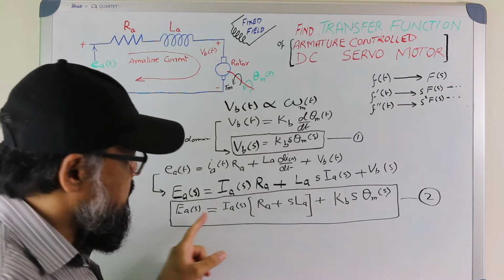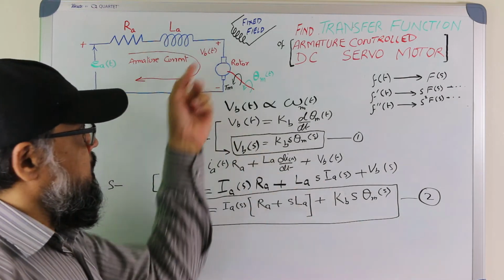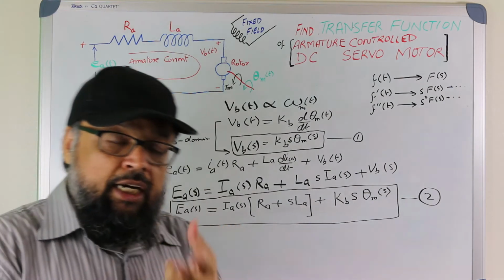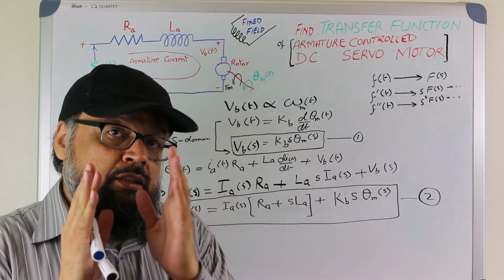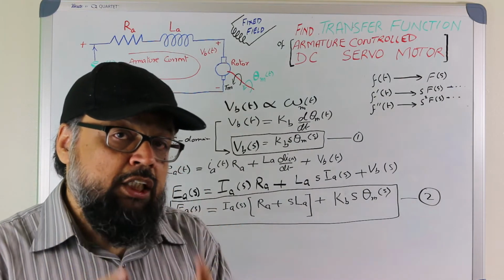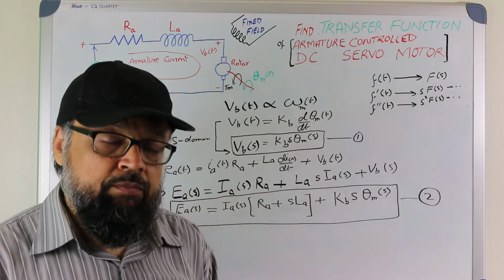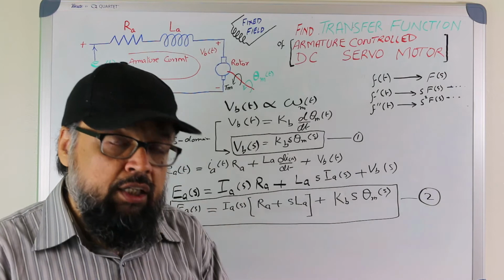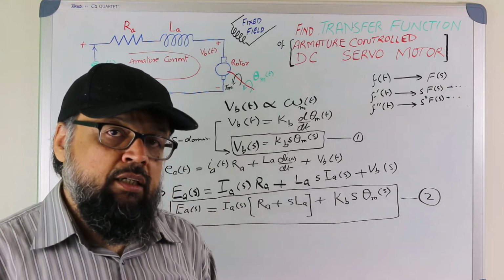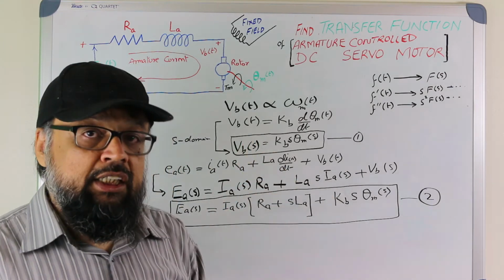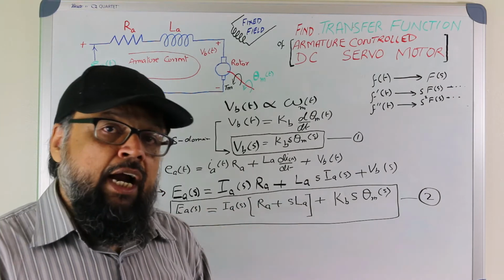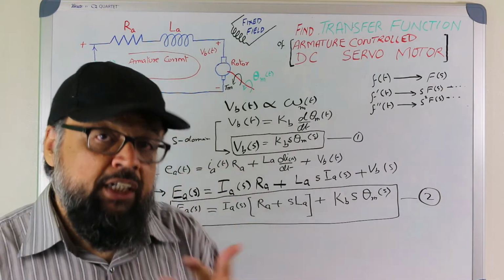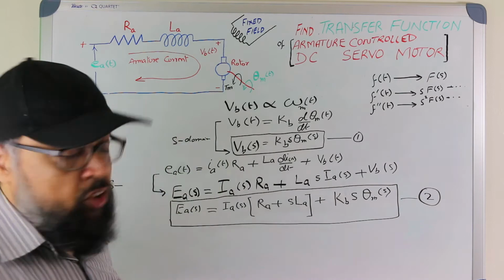The second step is Kirchhoff's law on this circuit. The third step is knowing that the torque is proportional to the armature current. And the fourth step is knowing that this torque has 2 components. One is the inertia, this has to overcome the inertia, and the second thing, it has to overcome the friction, because this is the purpose of the torque.